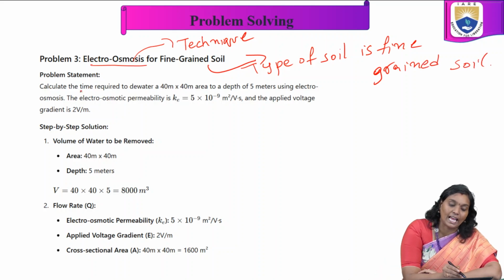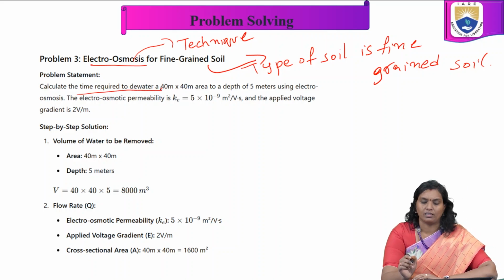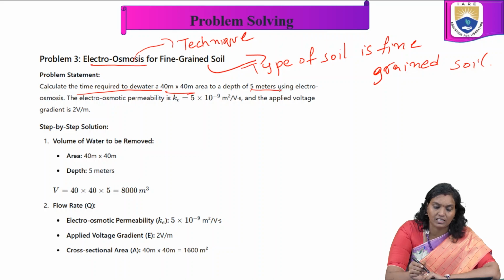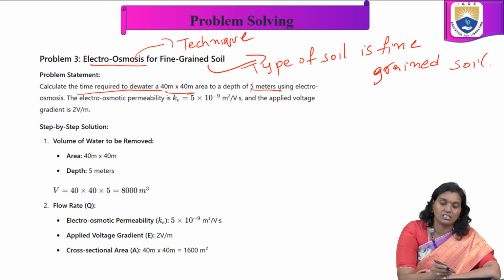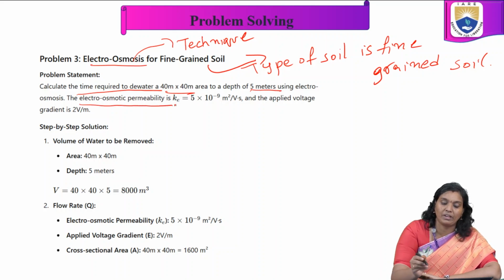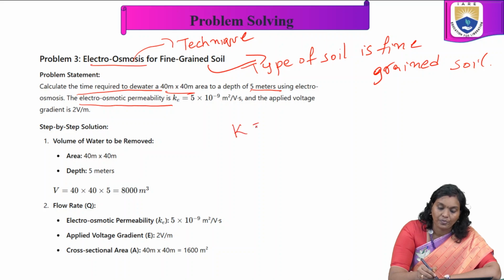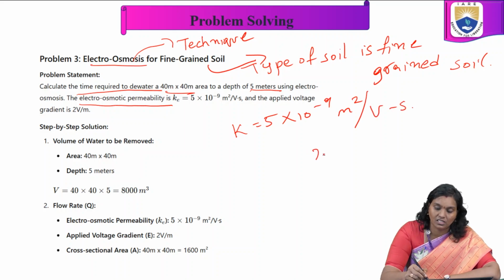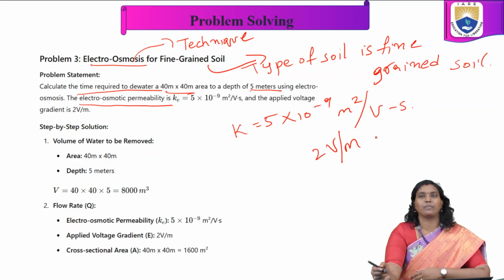Calculate how much time is required to dewater a 40 by 40 area to a depth of 5 meters using electro-osmosis. The electro-osmotic permeability is equal to 5 into 10 to the power of minus 9 meters square per volt per second, and the applied voltage gradient is 2 volts per meter.